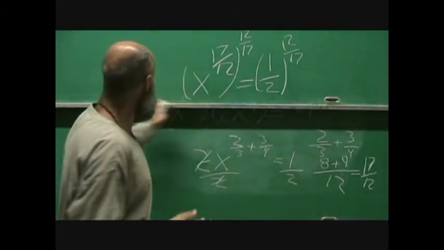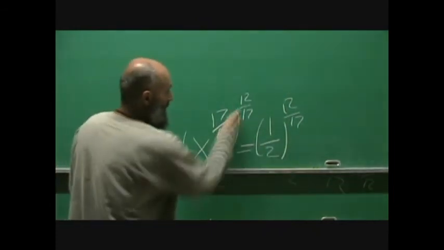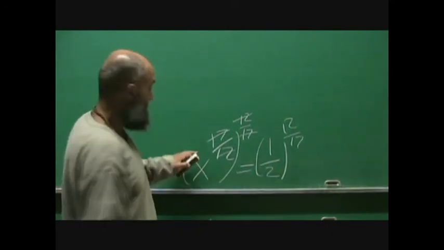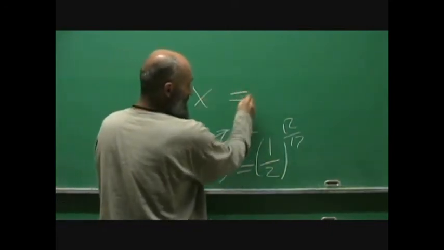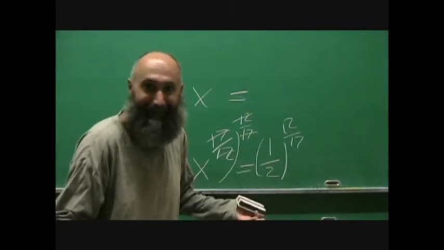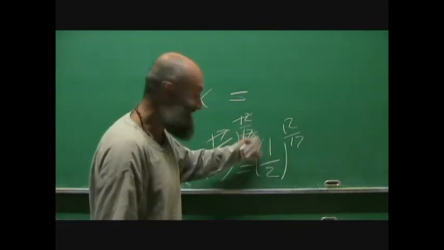Right? Let's bring this down a little further. So the way it works is 12 kills the 12, 17 kills the 17. And on this side we have x is equal to a half to the power of 12 over 17, whatever that is. I don't know. If you want to punch it out, you can punch it out, but this is sufficient enough.